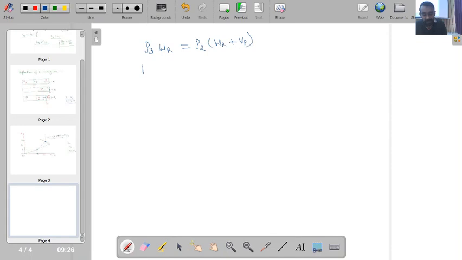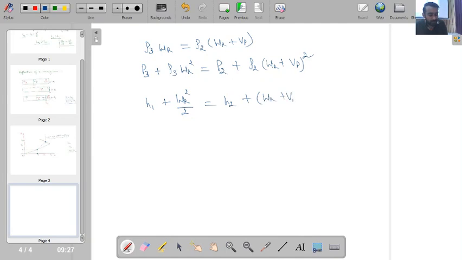Similarly, I can write the momentum equation: P3 plus rho 3 into WR square equal to P2 plus rho 2 into (WR plus Vp) whole square. And then we have the energy equation: H3 plus WR square by 2 equal to H2 plus (WR plus Vp) square by 2.